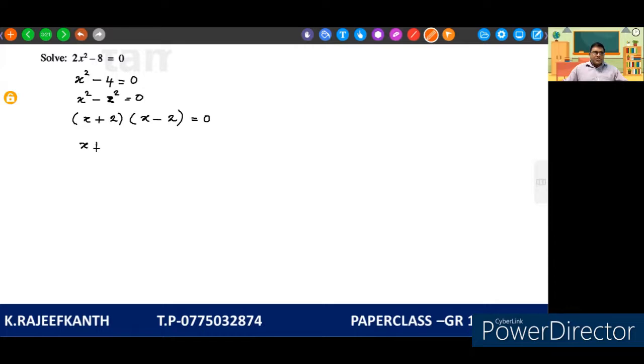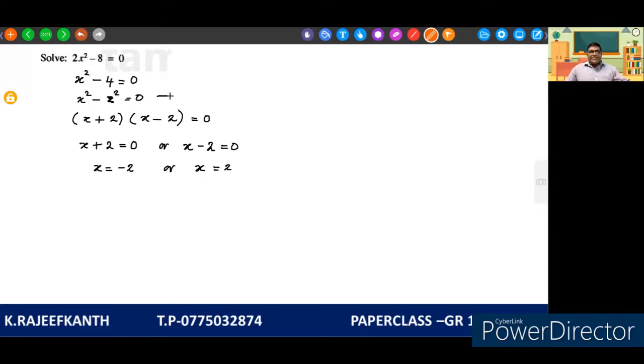Then x plus 2 equals 0 or x minus 2 equals 0. If x plus 2 equals 0, then x is equal to minus 2. If x minus 2 equals 0, then x is equal to 2. Then the answer for the value of x is minus 2 and 2.